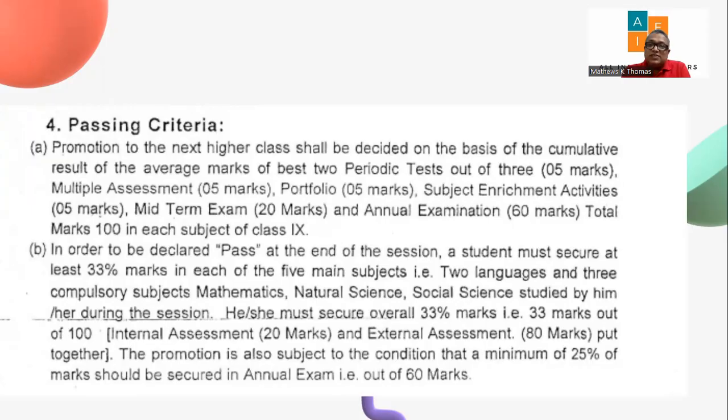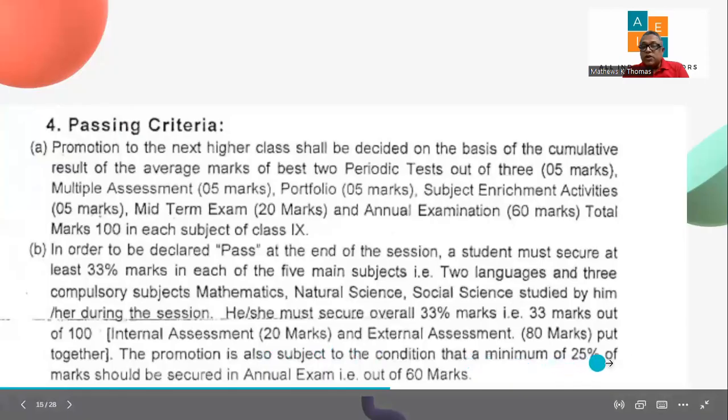And the catch right now is that it is 33% internal plus external. But one important point that they have added is that subject to a minimum of 25% should be scored in the annual exam out of 60.